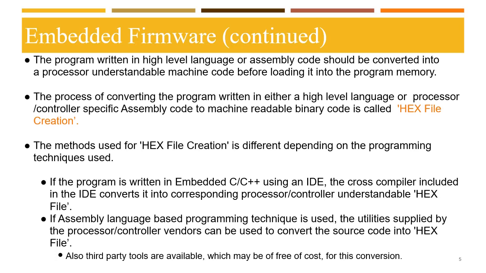If you have written the program in embedded C or C++ using an IDE, the cross compiler included in the IDE converts it into the corresponding processor or controller understandable hex file. If you have written the program in assembly language, the utilities supplied by the processor or controller vendors can be used to convert the source code into a hex file. Third party tools are also available, free of cost, for this conversion.